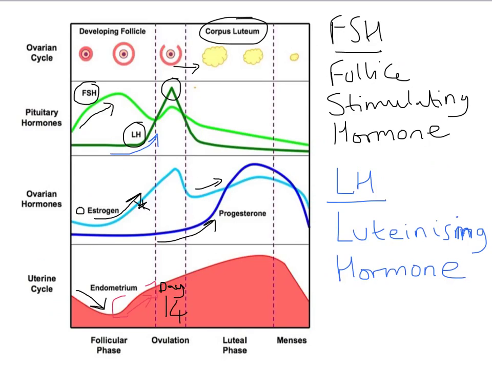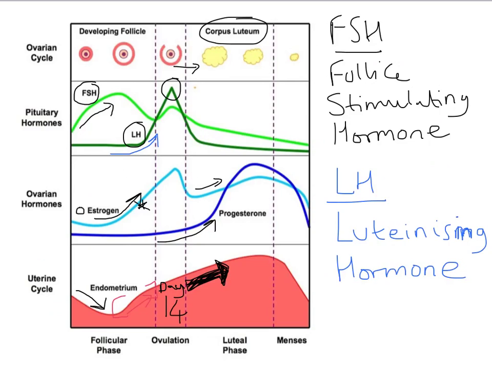So if you note, when we have a rise in progesterone on this dark blue line, just here, I'll colour it in as a thick black arrow, we have a growth of this endometrial lining. So it thickens, it gets maintained. That's what progesterone does. So you've got the corpus luteum releasing estrogen and progesterone, and they help to maintain the lining. And FSH and LH have been inhibited.